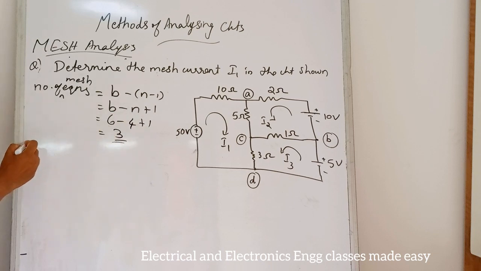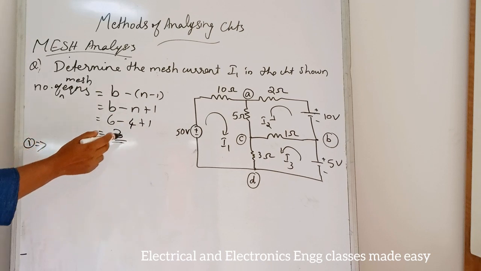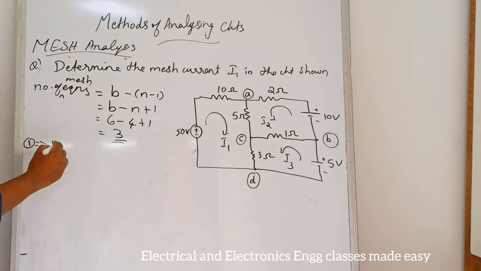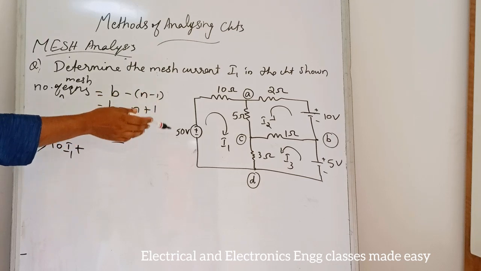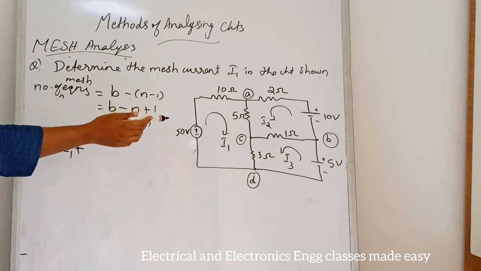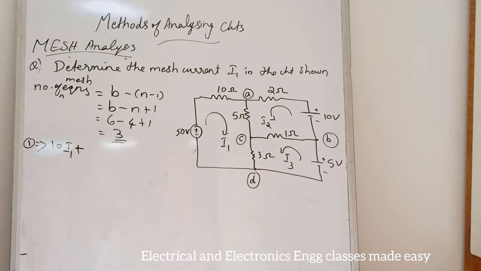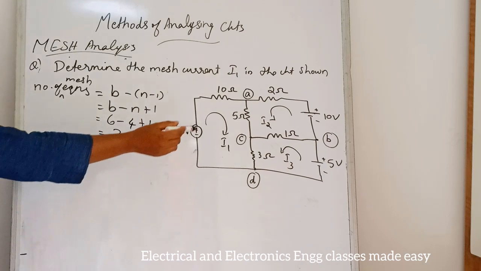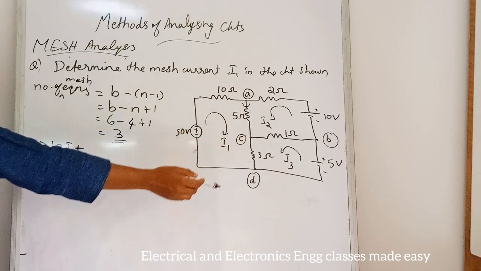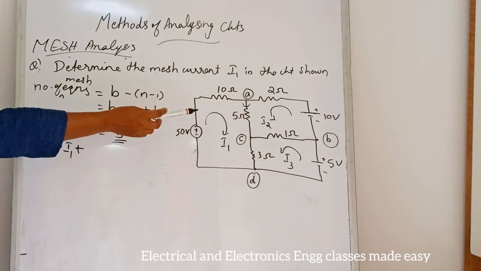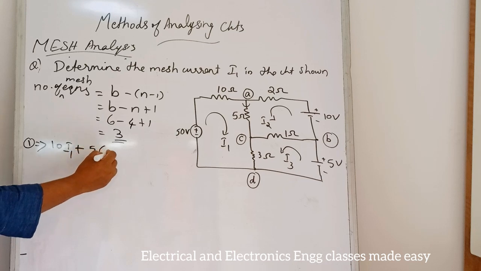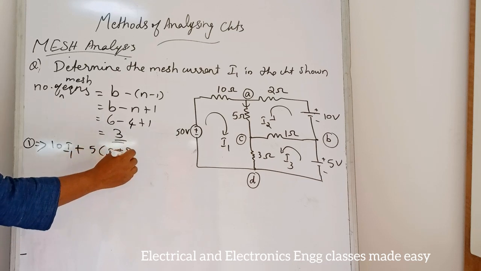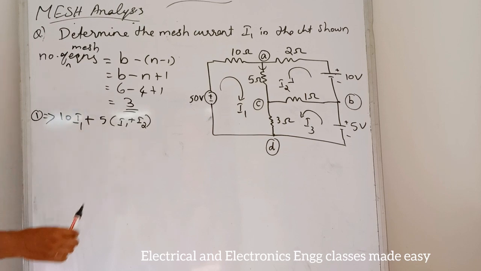Consider the first loop. Then we get 10 I1 plus, through the 5 ohm resistor, the current flowing is I1 plus I2, so we can write 5 into (I1 plus I2).